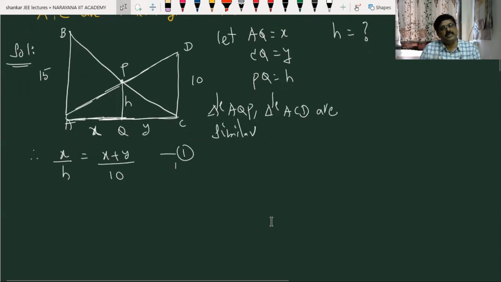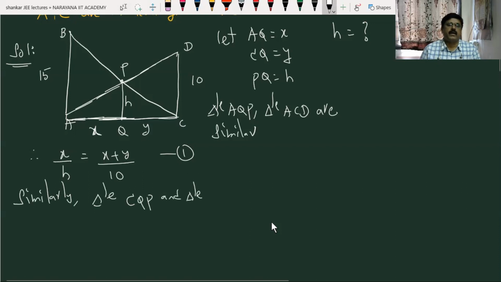Next, this side you see, students. Similarly, triangle CQP and triangle CAB are similar.